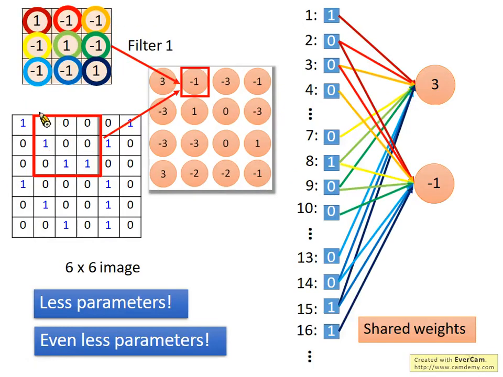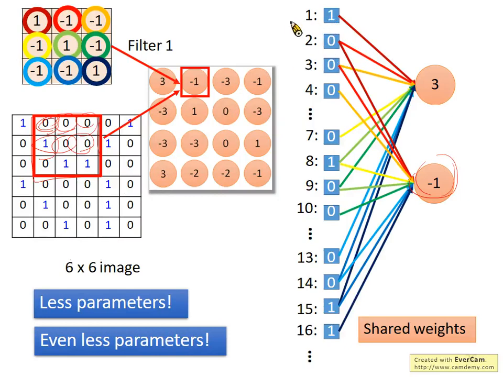If we move to the next window, the next subregion, we multiply the parameters with the second pixel value, third pixel value, fourth pixel value, and the 8th, 9th, 10th pixel values, and so on. Again, we only connect these 9 pixels to the next node.